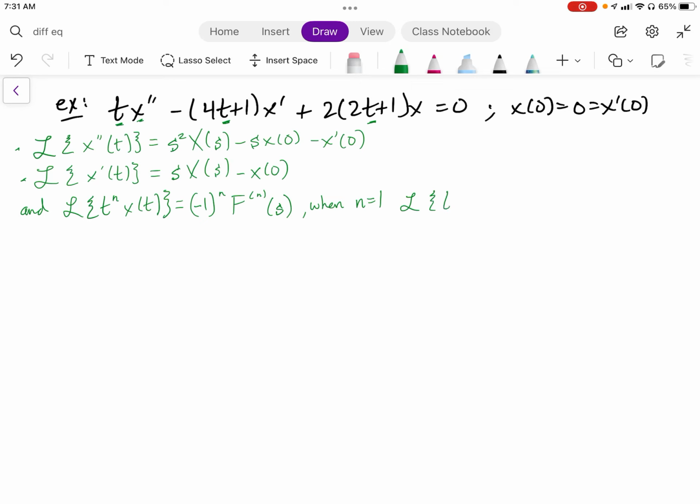Laplace of t x of t equals -1 to the 1, so -1, and then f prime, so negative f prime of s. That's really the only one we need for this example, so we'll just use that form.